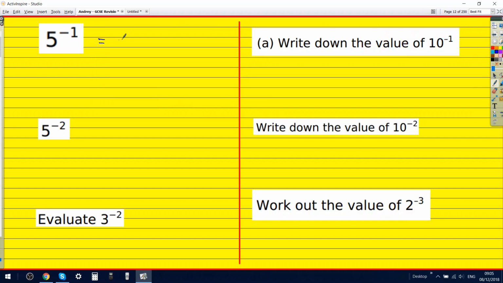Top left: 1 over 5 to the 1, which is the same as 1 over 5. Underneath it: 1 over 5 to 2, 1 over 25. Bottom right: 1 over 2 to the 3, so 1/8.